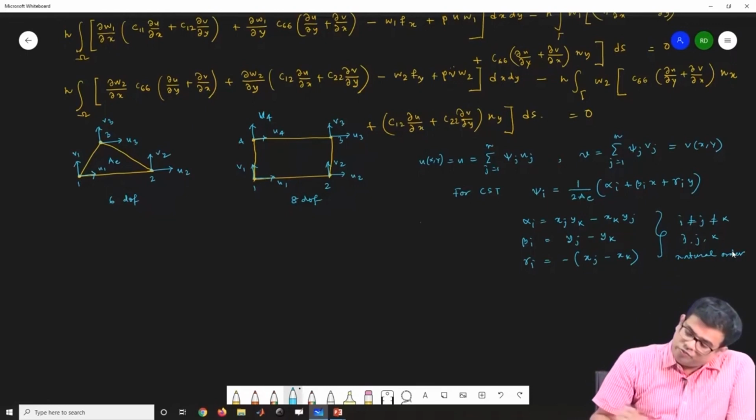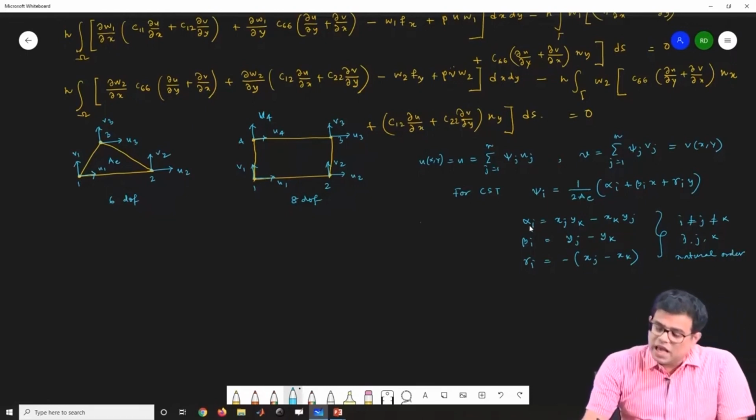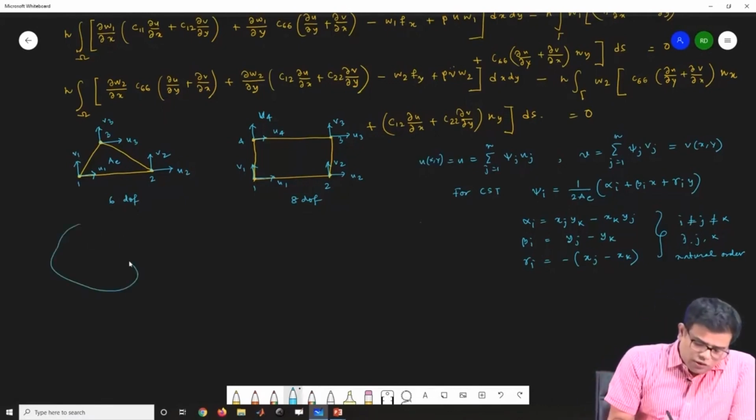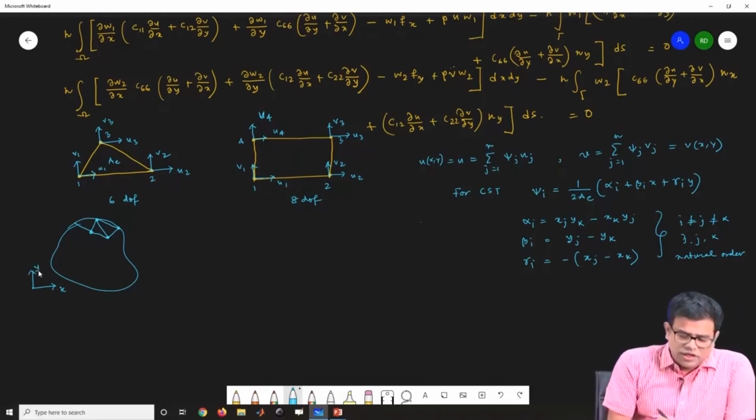So now alpha, beta and gamma are essentially constants. For a body, if you want to discretize it with the triangular element, once I fix my discretization or nodes, I know the coordinates of these nodes in the xy coordinate system.